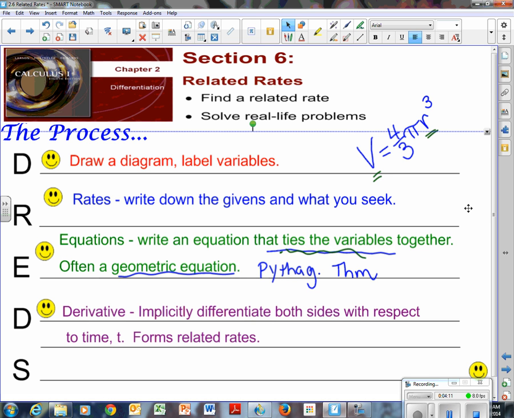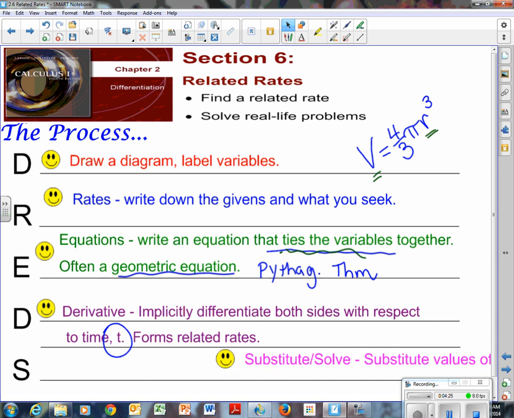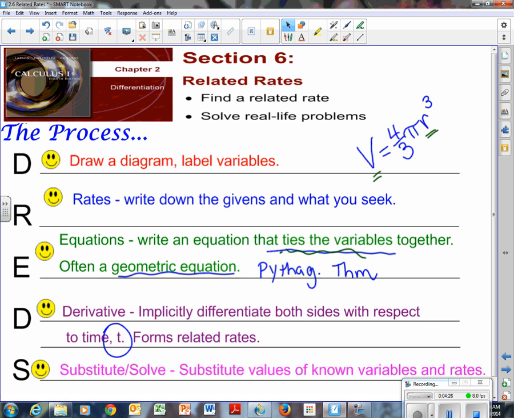We're going to take both sides and differentiate with respect to t most of the time. For our problems, I think it probably always will be t, which is with respect to time. And this forms our related rates. Finally, the last thing we'll do is substitute and solve. We'll substitute some of these values that we wrote down back here in the second step into our derivative equation.